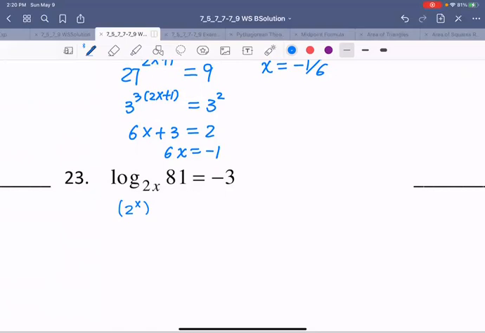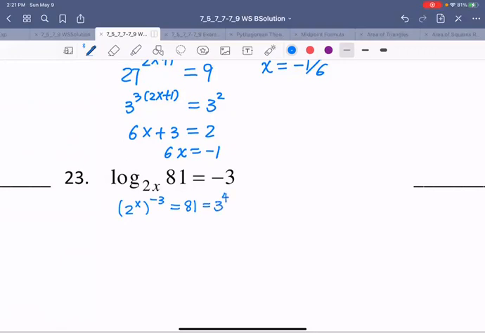Negative 3 equals 81. 81 is who? 3 to the power of 4. And 81 is 3 to the power of 4, I think. This is 3 to the power of 4, right?